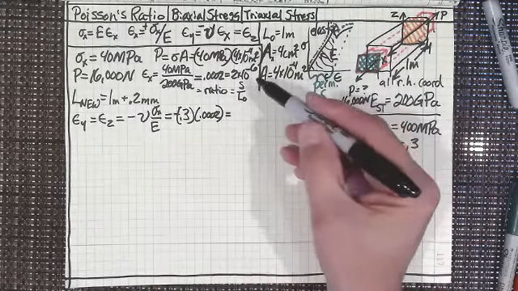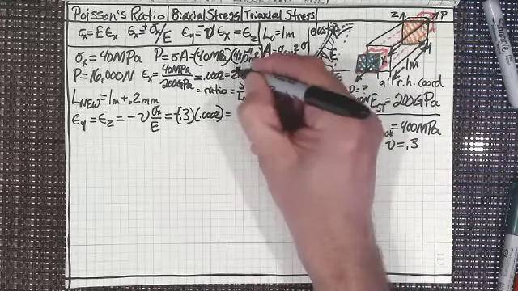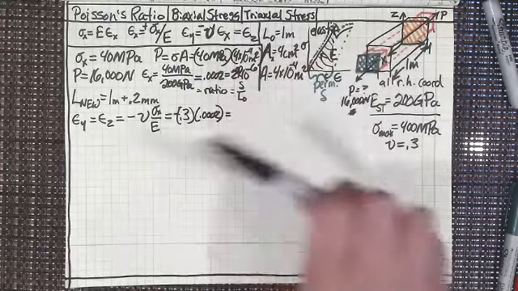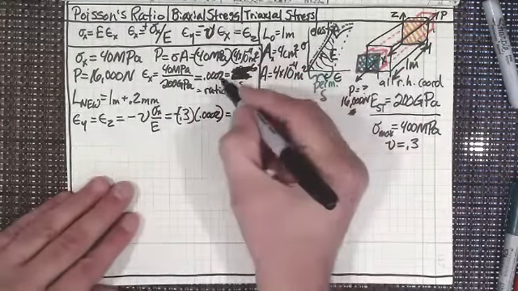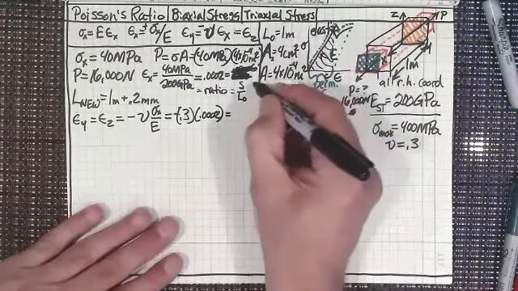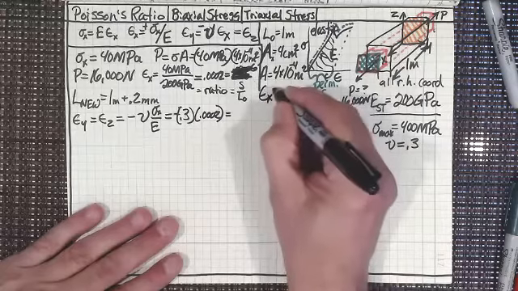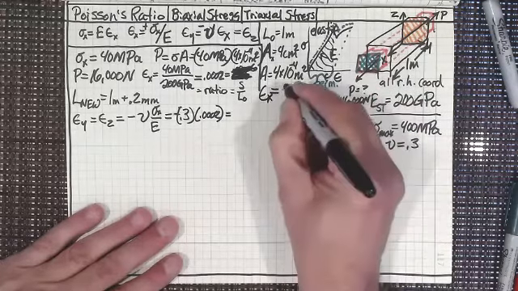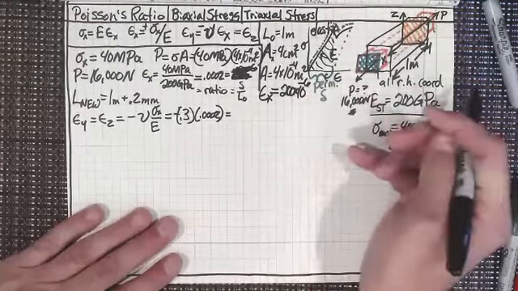Yeah, 2 times 200. That should be 200 times 10 to the 6. Let's put it over here. Epsilon x in big bold letters is 200 times 10 to the minus 6.